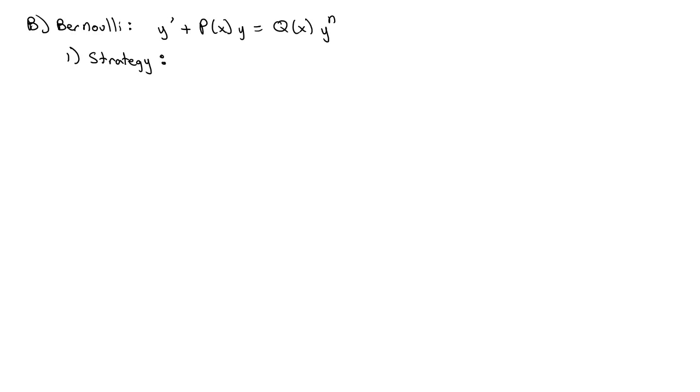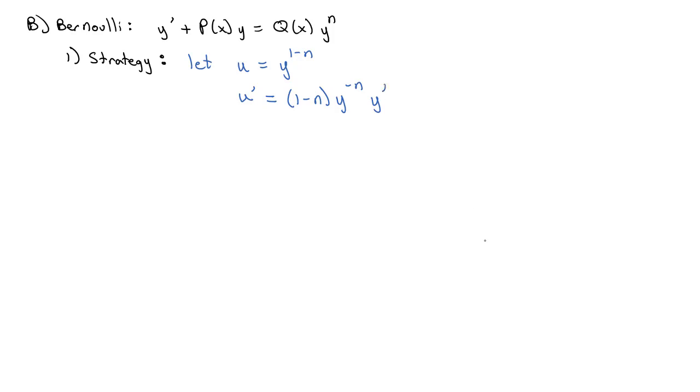That's going to promote our strategy with substitution. We're going to let u equal y to the 1 minus n. Taking the derivative of both sides, u's derivative becomes u prime. Y is a function of x, so when we take its derivative, we get 1 minus n times y to the negative n times the derivative of y, which is y prime.